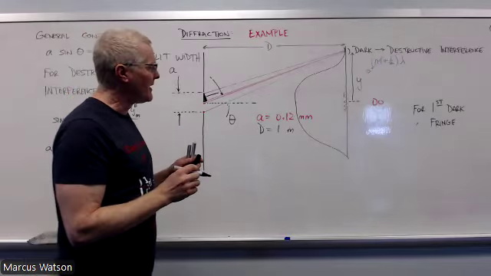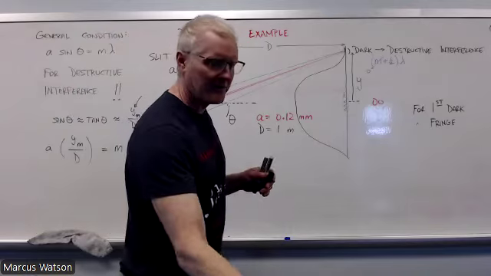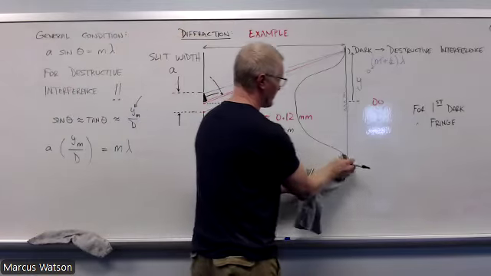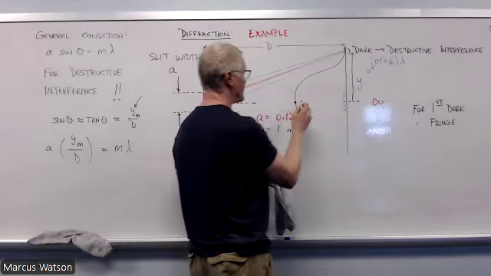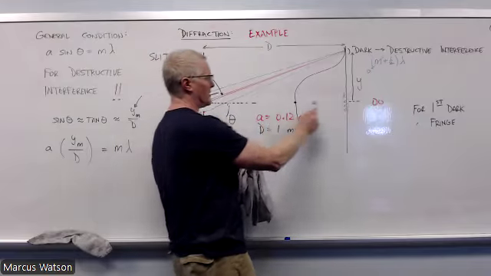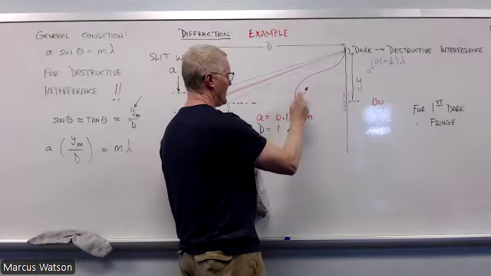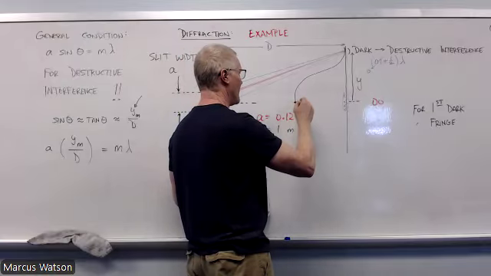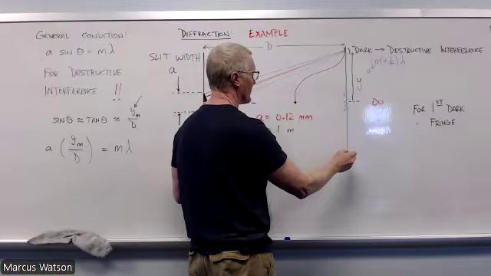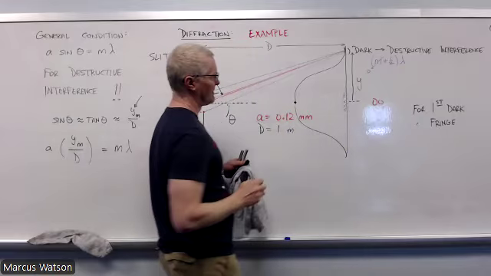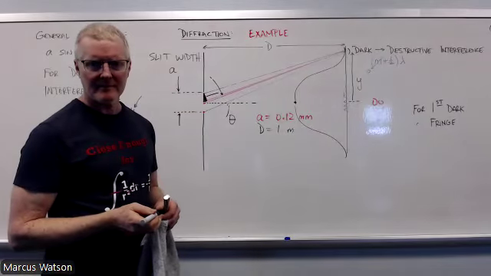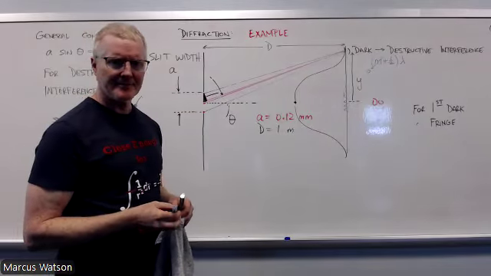Sorry about that. Make it nicer in your notes so that I get credit for drawing good diagrams, please. The central peak should be right there. I should be drawing something more like that. Oh, that's not too bad.